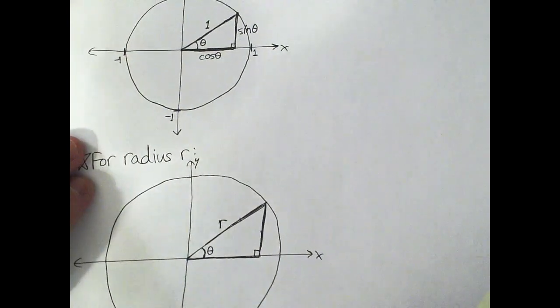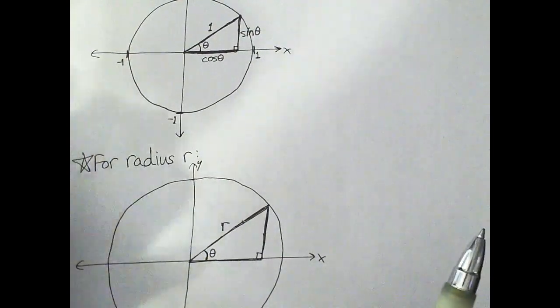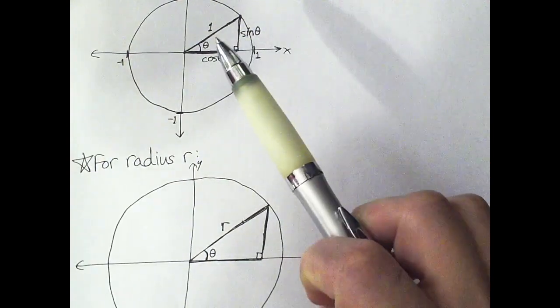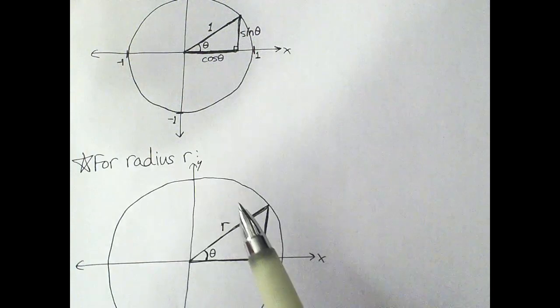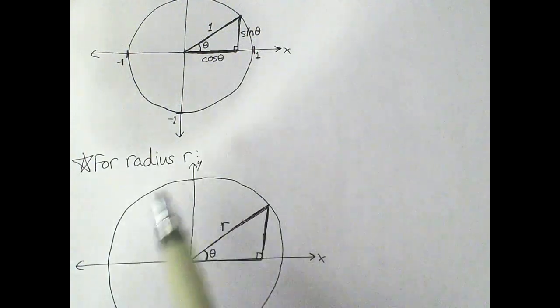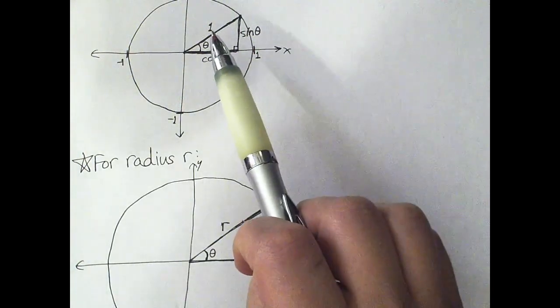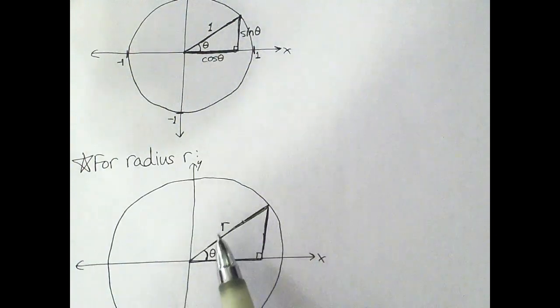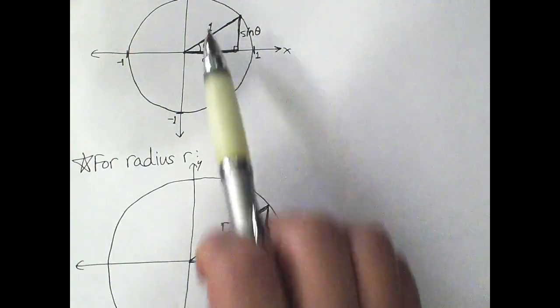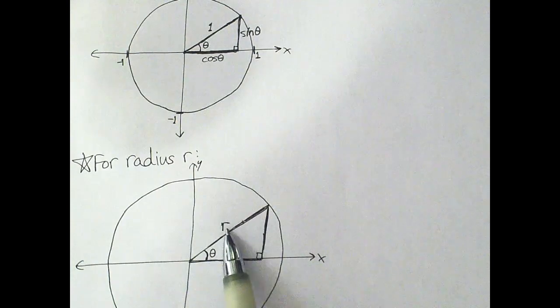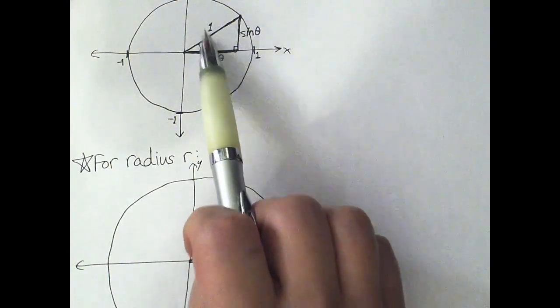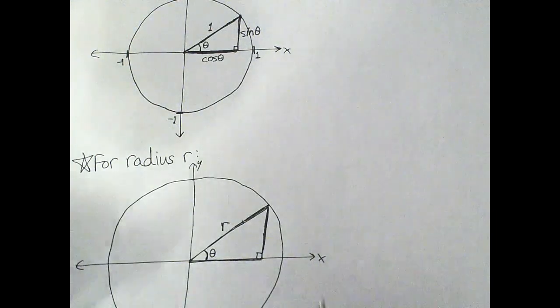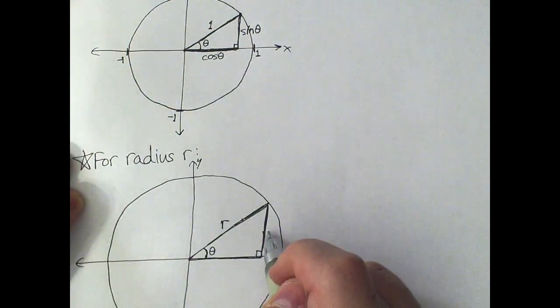I'm trying to fit both of these circles on the screen at once so that you can see how they compare. So when we went from the unit circle to the other circle, I'm imagining this being a larger circle, we kind of scaled the hypotenuse up. We scaled it from 1 up to r. So the hypotenuse was r times bigger than the old one. Well, it turns out the same thing happens with the other side lengths.